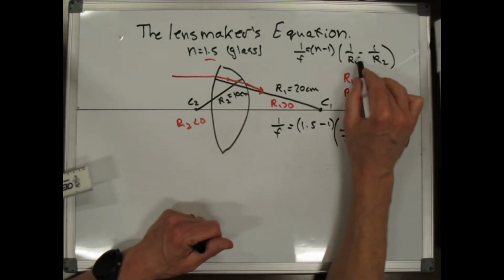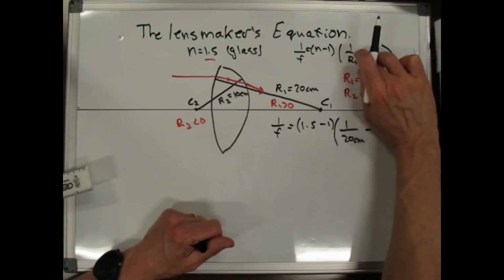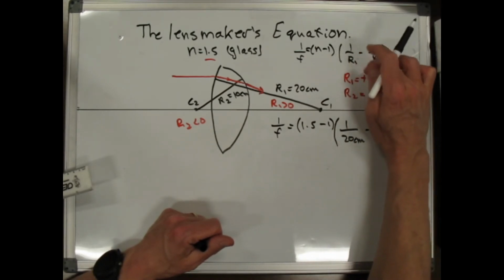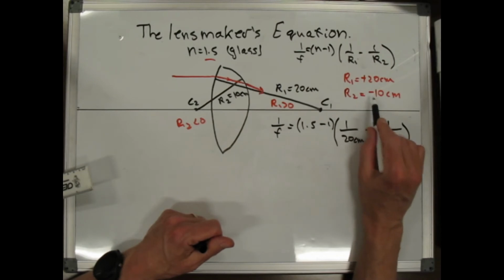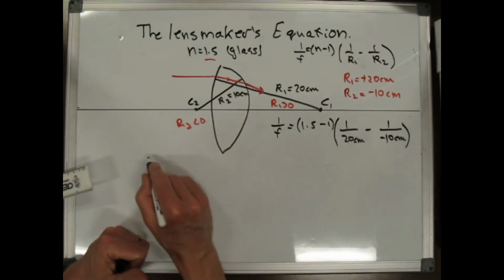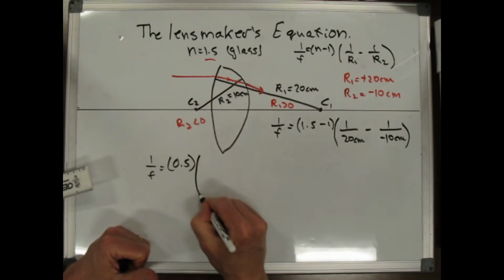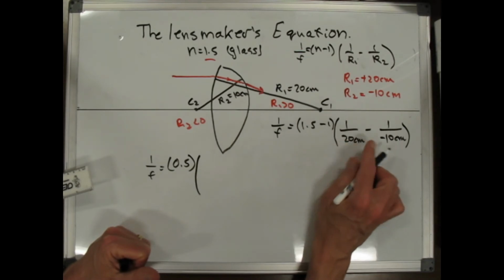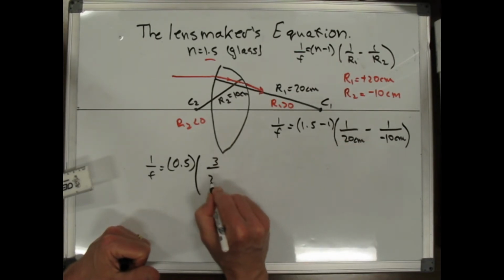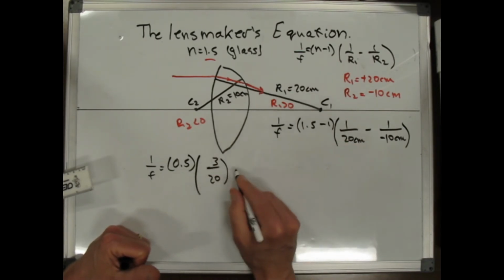So I've got a minus sign here. I should just erase that, so you don't think that's an equal sign or something. And I've got a minus sign here. And so this gives me 1 over the focal length is equal to 0.5, that's what's in parentheses here, times 1 over 20 plus 2 over 20, or 3 over 20 centimeters.